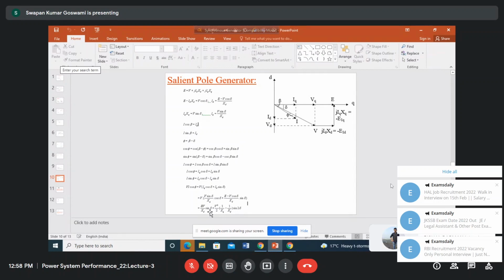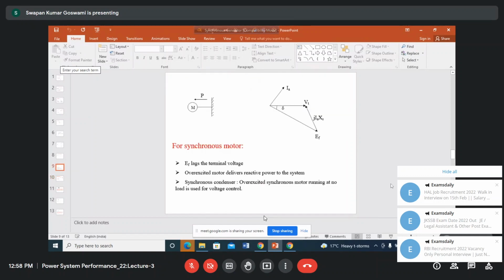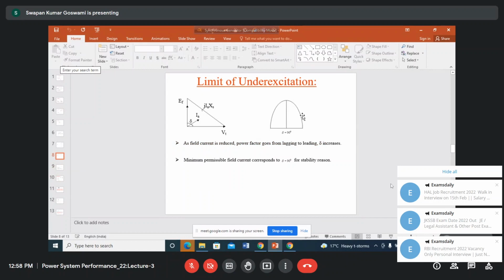So now if you draw the power angle curve for a salient pole machine, you will have a sine delta component, and along with that there will be a sine 2 delta component. The sine delta component is obviously like this. What will the sine 2 delta component be? It will be the half cycle completed here, the negative cycle here.